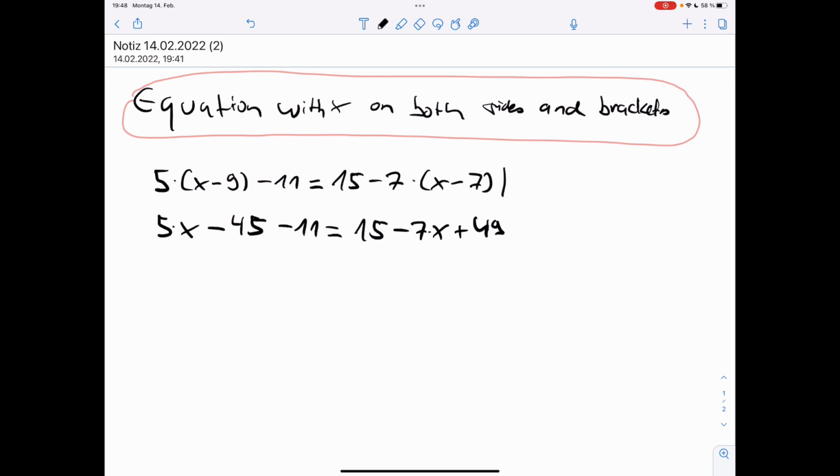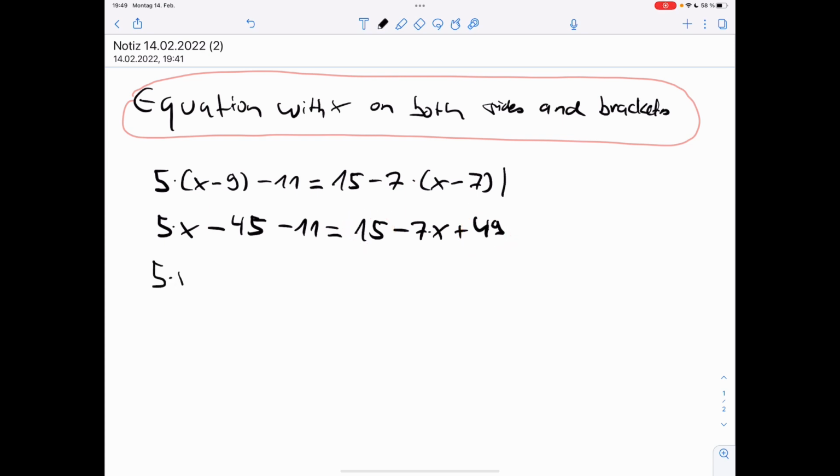So now we are at a stage which is much easier. Again the rule is x on one side and the numbers on the other side. So let's do that, but before, we have to calculate. We can calculate this here and this here.